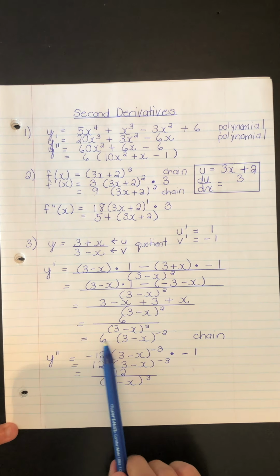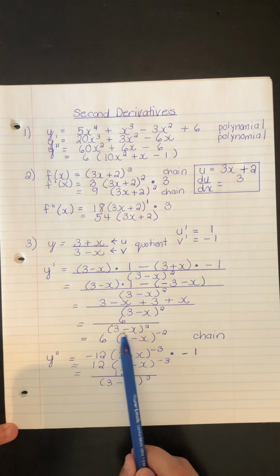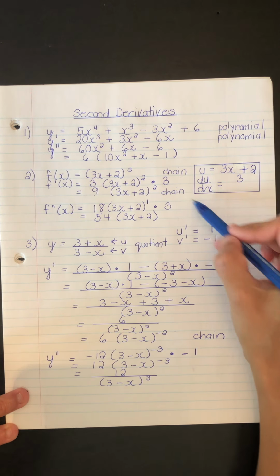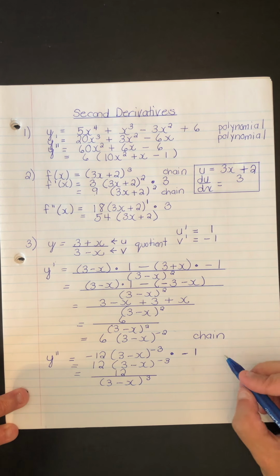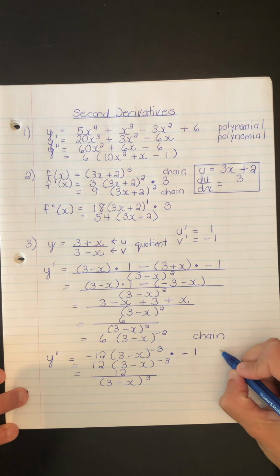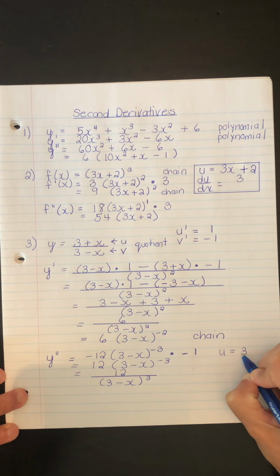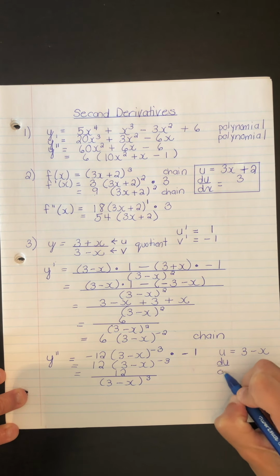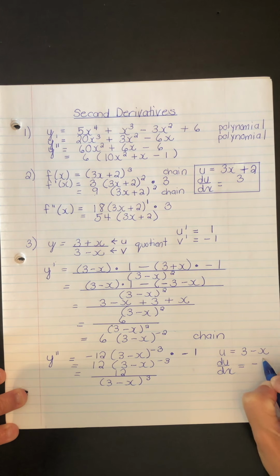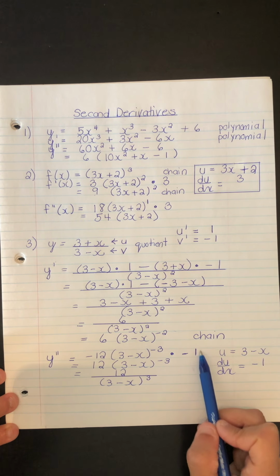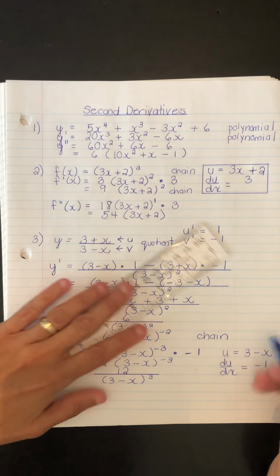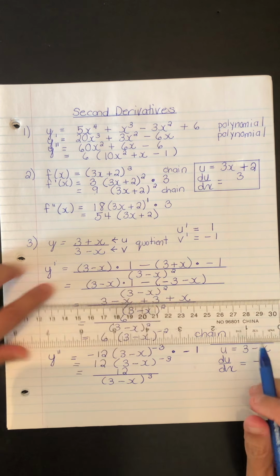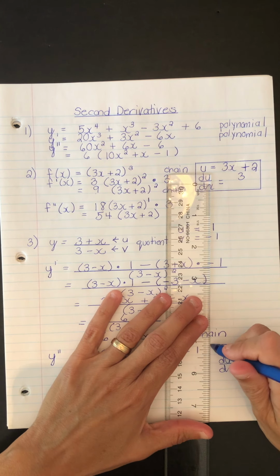Okay, so we're using the chain rule. We're treating this like a u to the n. So again, like we did here, if you like to do that, you could say u was 3 minus x and u prime, or du by dx, is -1. Okay, so we did indeed use the chain rule to form y double prime.